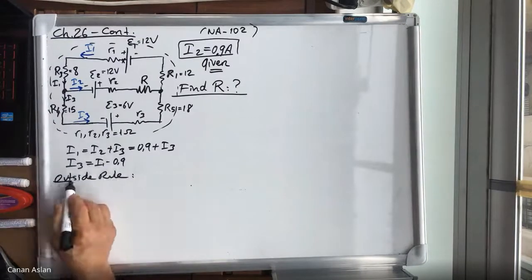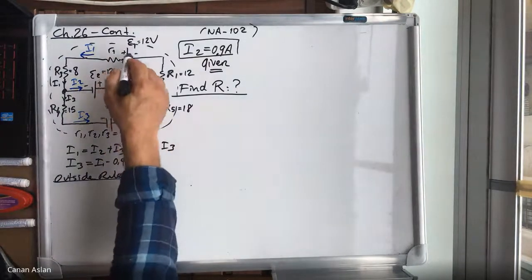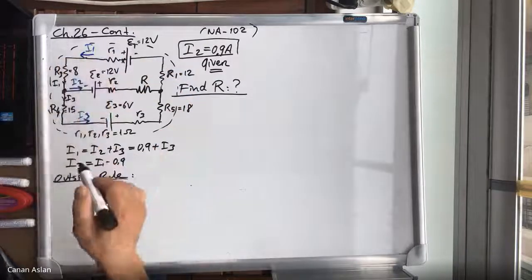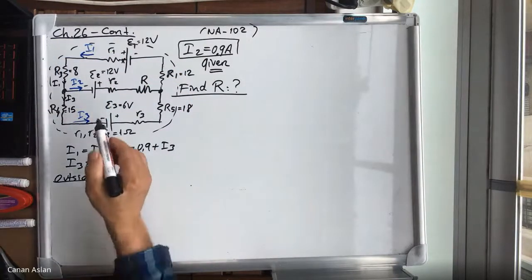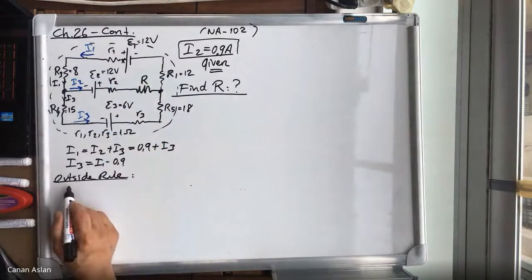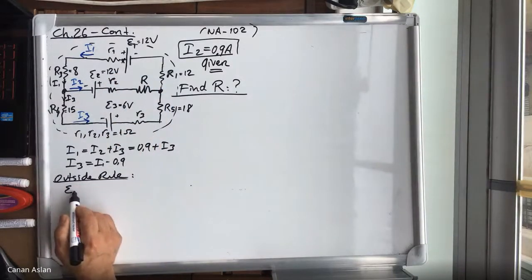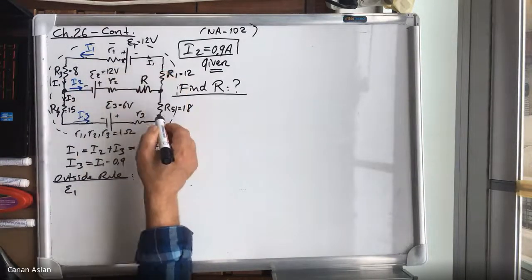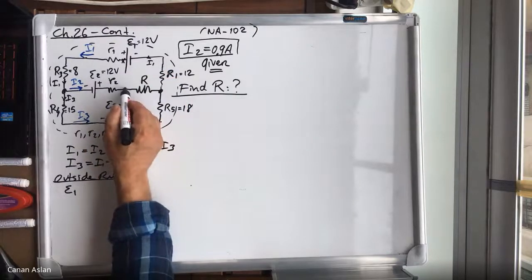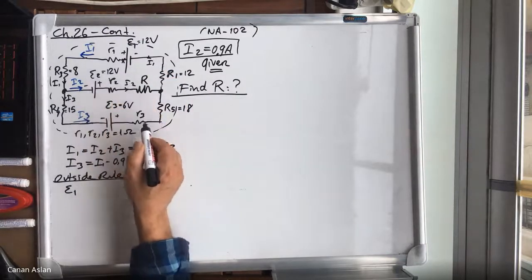Kirchhoff's rule says that all the voltages in a loop, when you add them up, you should get 0. So we start from epsilon 1, so I'm writing this theoretically and then I will put in numerical values. Don't forget, I1 is now moving to the left here, and here I2 is moving to the right, so let's just put this information.